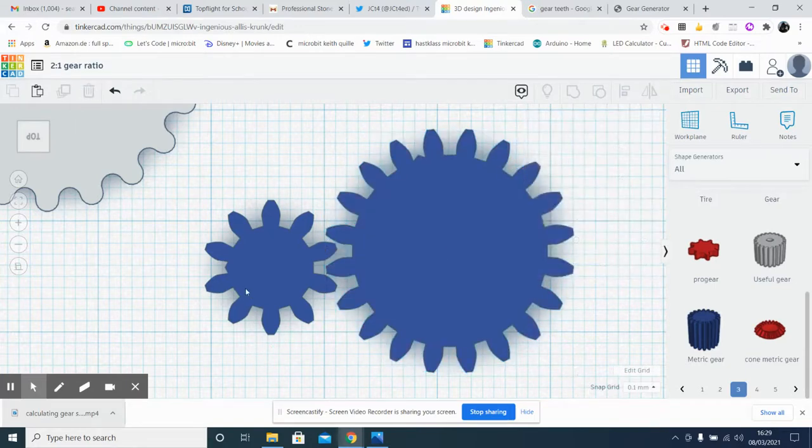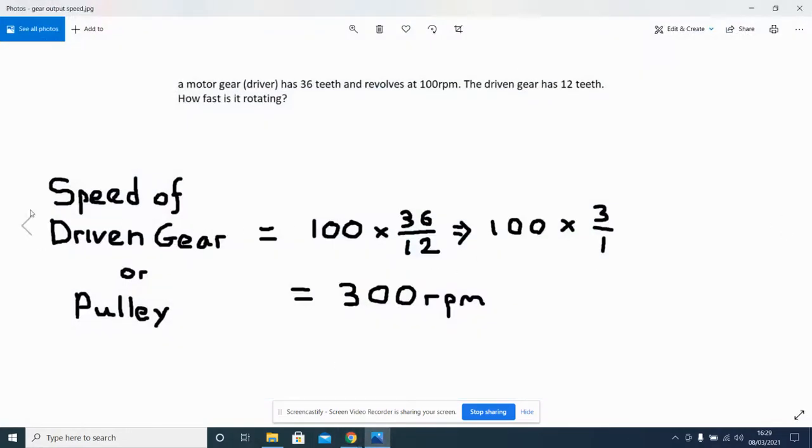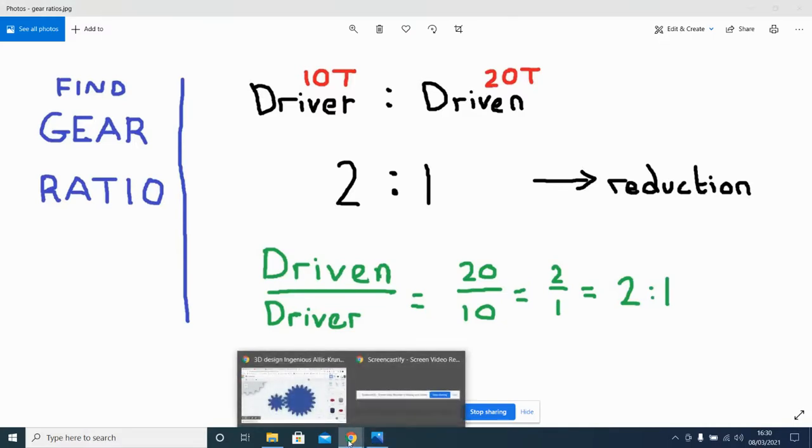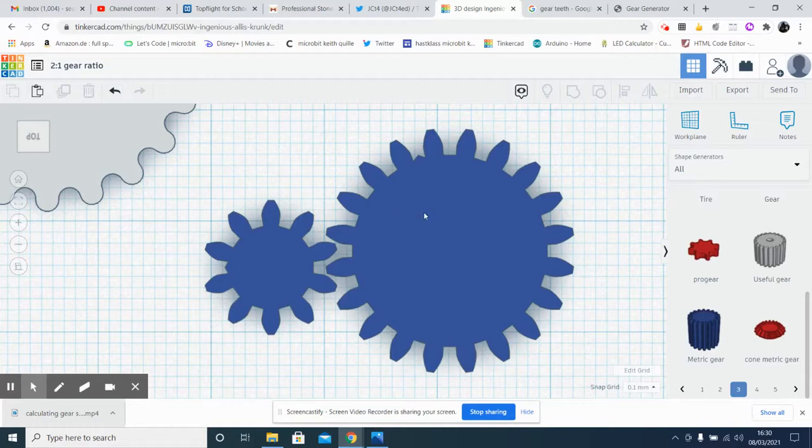So this is kind of like our first system. The driver has 10 teeth and the driven gear has 20 teeth. Gear ratio 2:1, speed reduction 2:1. So if this one is stuck to the motor and it's going around, it'll do 2 rotations for every 1 rotation of this one here.